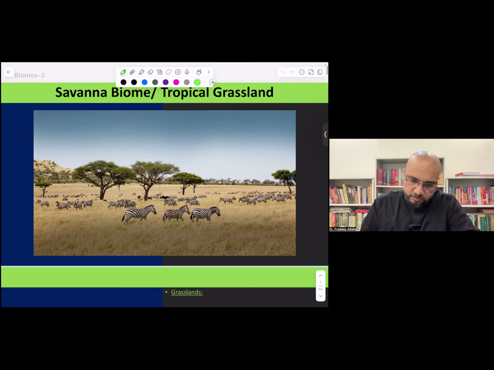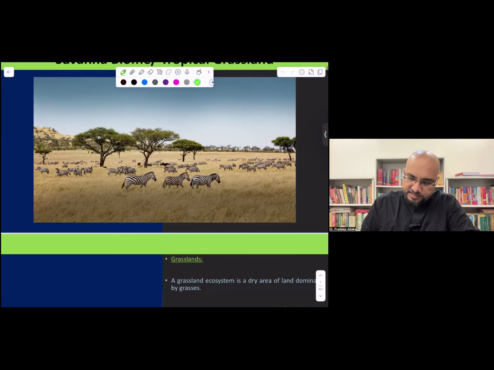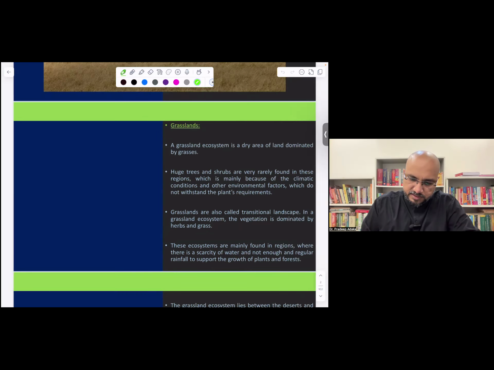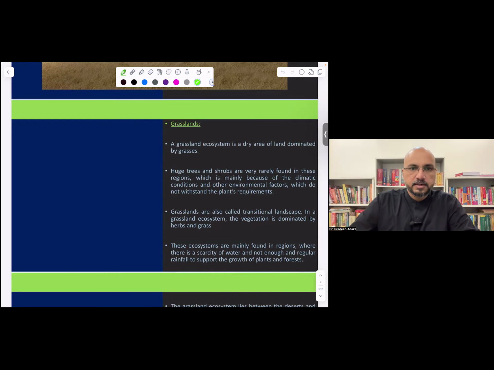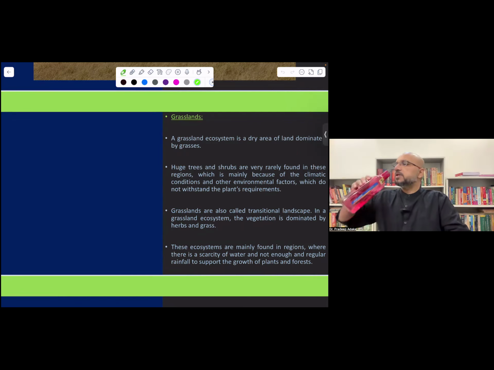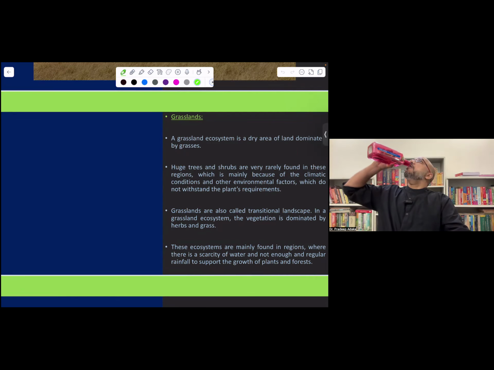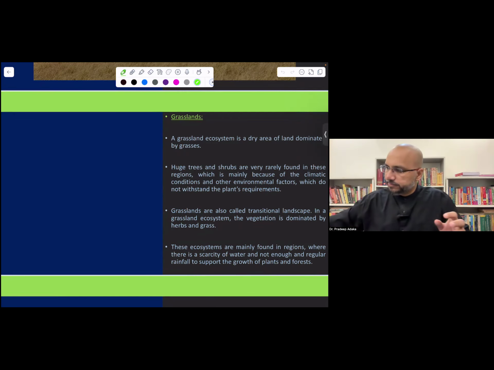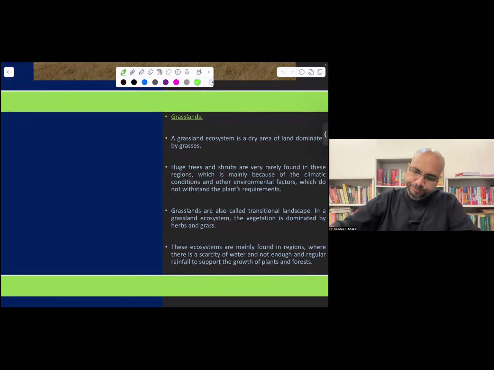Okay, so what are actually these grasslands? So first we will start with the meaning of the term grassland. So as the name suggests, it is an area which is dominated by grasses. Simple. So an area or an ecosystem which is dominated by grasses is called a grassland.